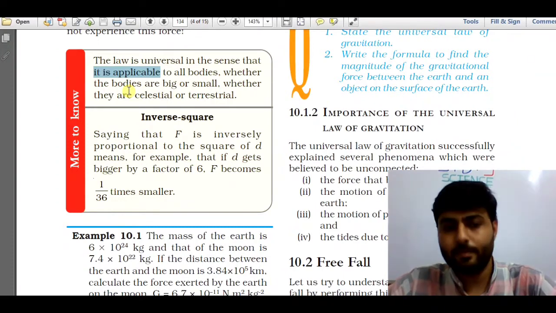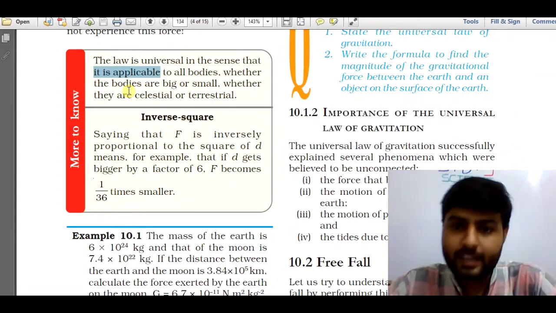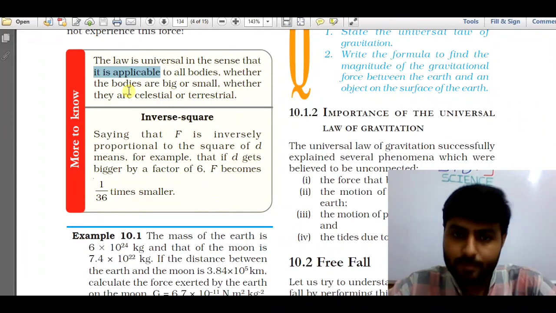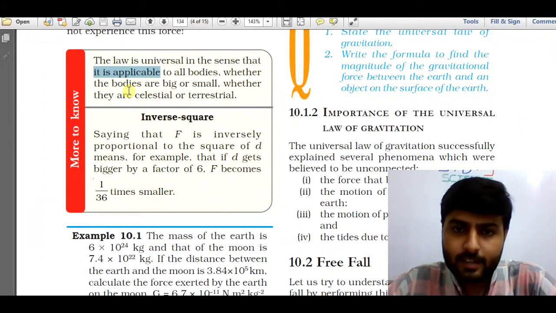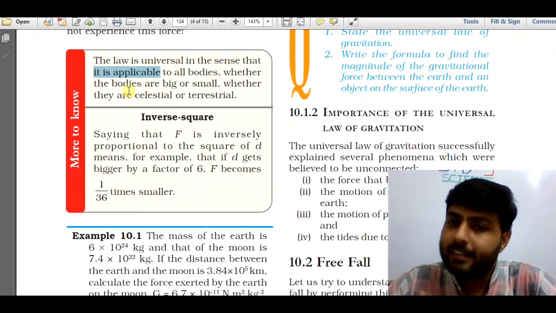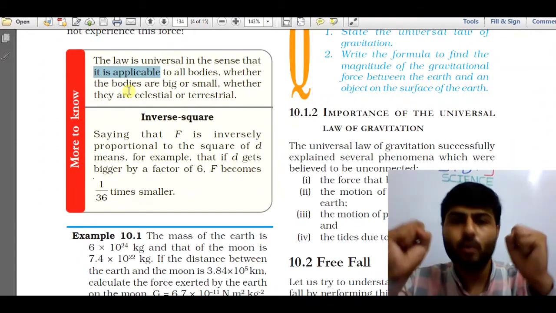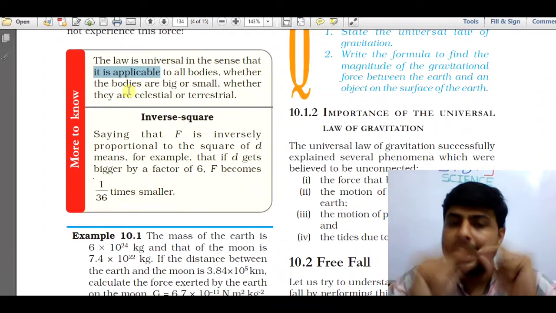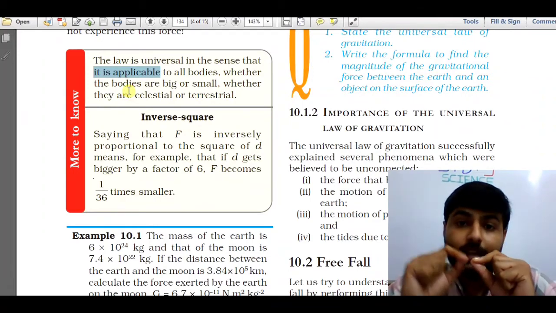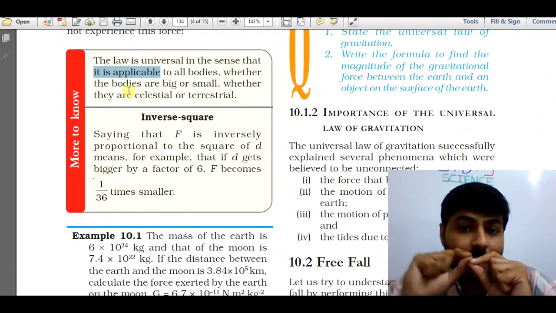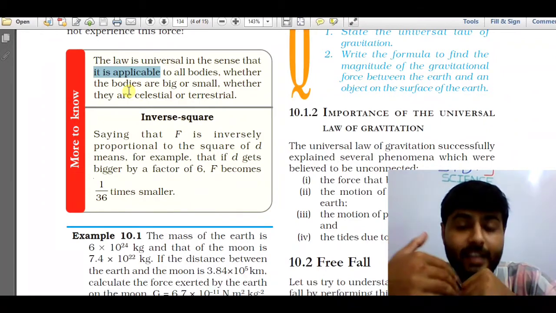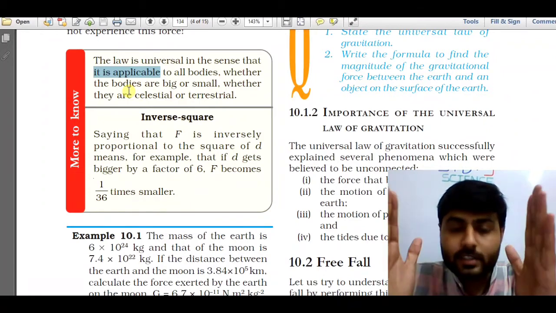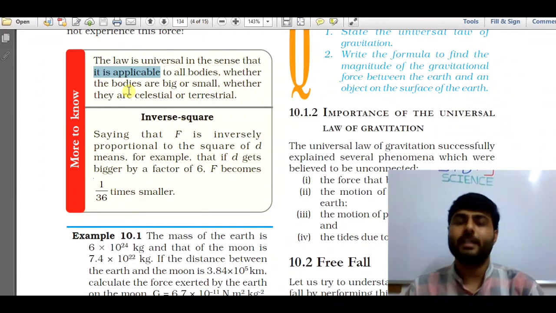Inverse square. Now we have to understand what is inverse square. In the formula of F, that is the gravitational force between two objects, we see that F is equal to G m into m divided by d square. This d square is the square of the distance between two objects.